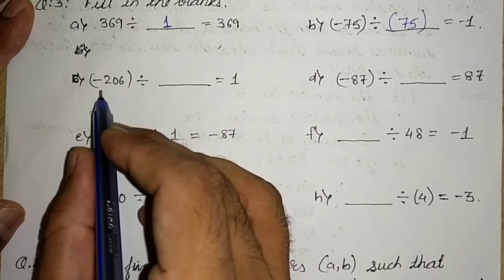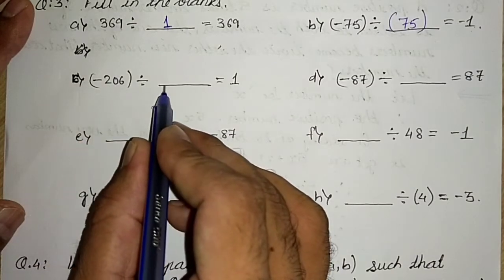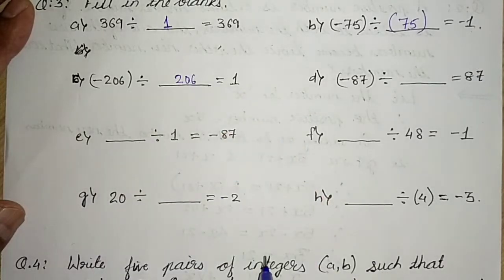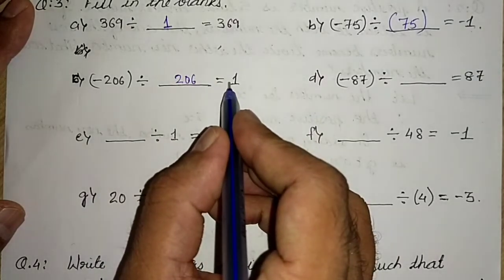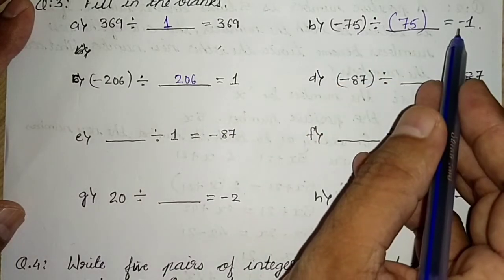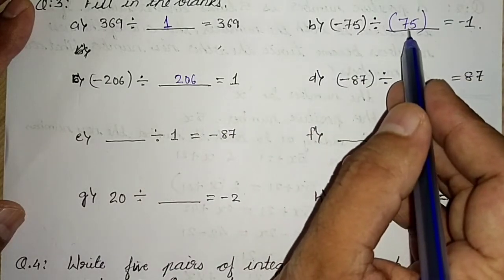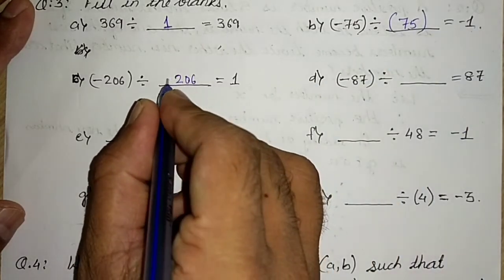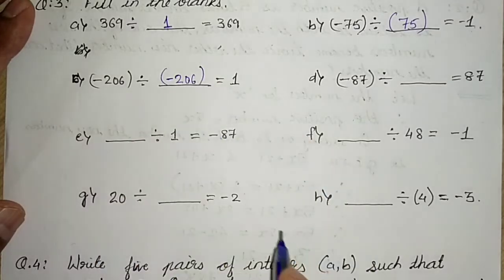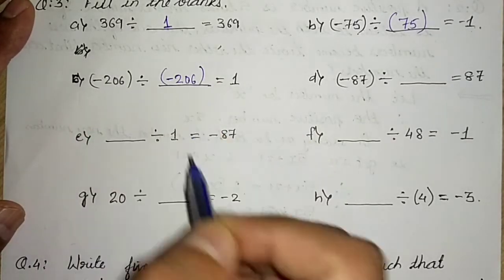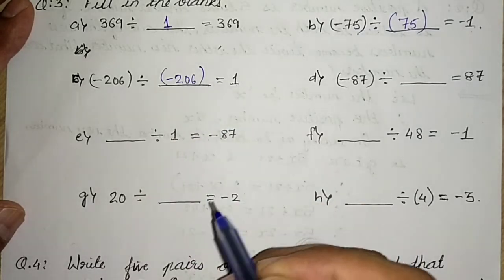Here also 206 should be divided by 206 so that I get 1, but here the 1 is plus 1. The answer was minus 1 before, so I divided by the same number with plus sign. Here I will divide by minus 206 so that minus divided by minus will cancel out. 206 divided by 206 will give me answer as 1.